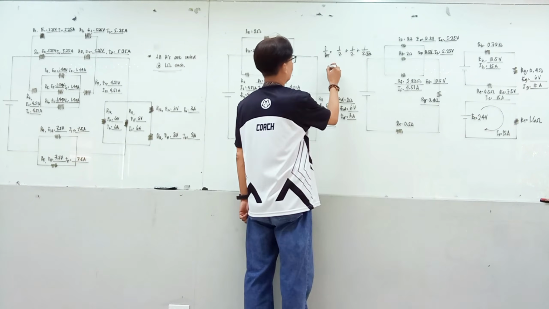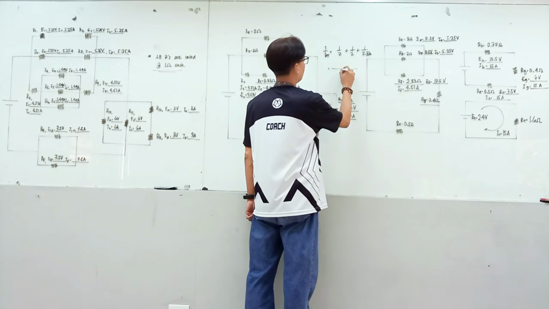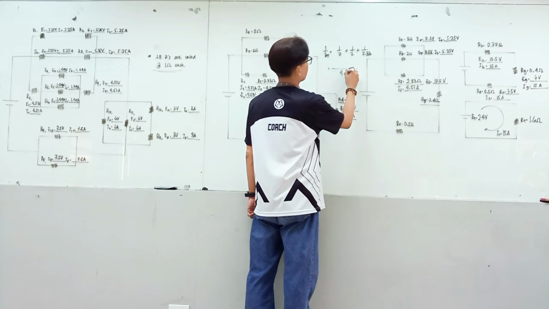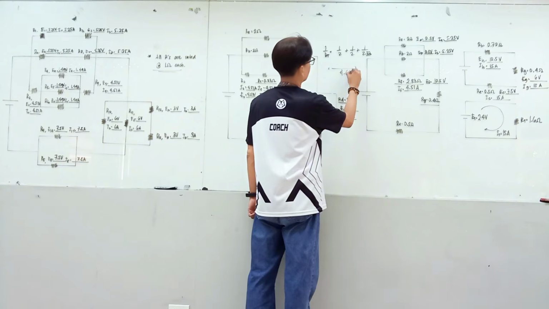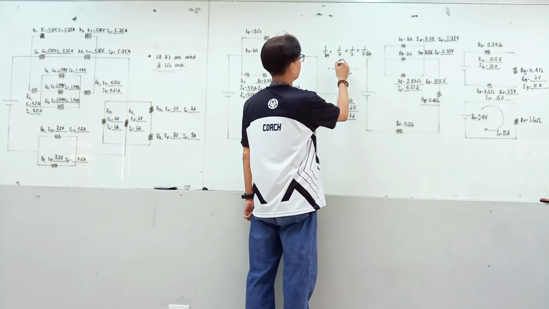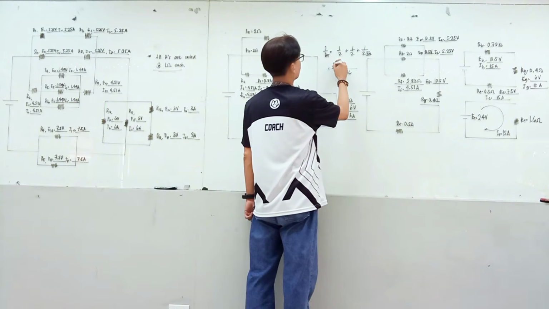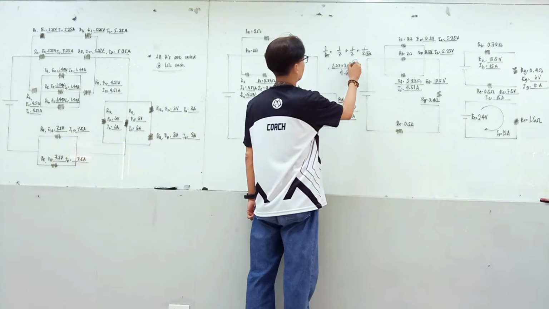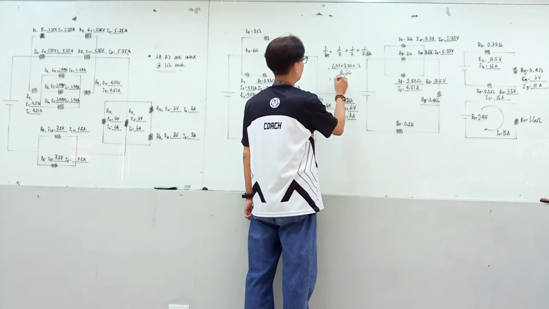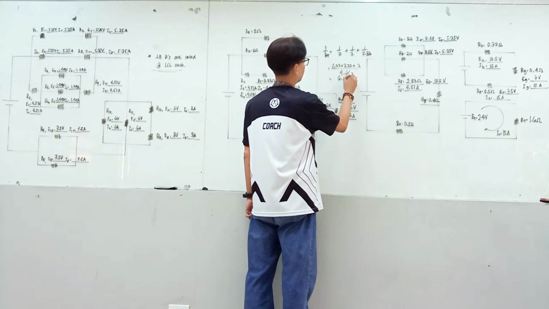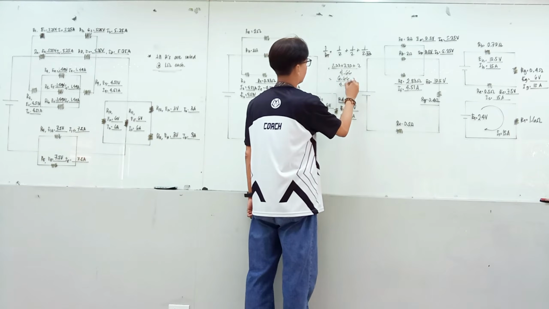So your LCD should be 4.66. Then we add 2.33 plus 2.33 plus 2. Okay, so you get 6.66 divided by 4.66.